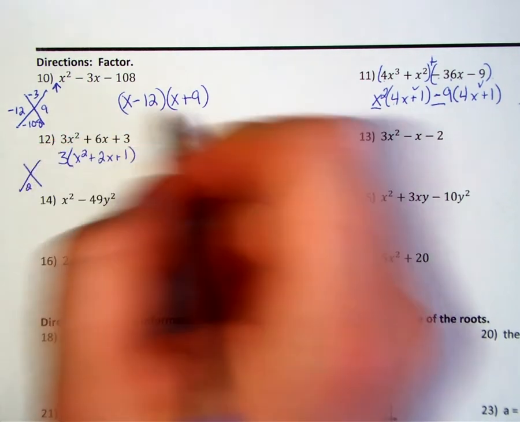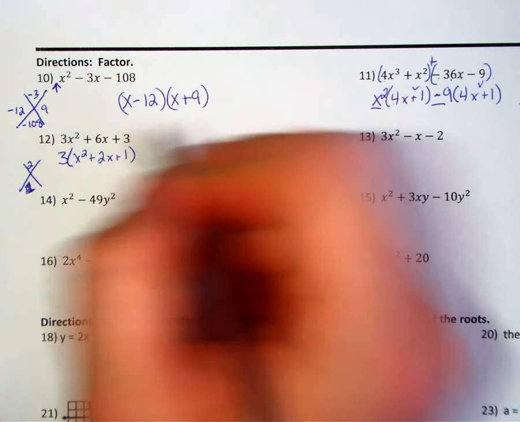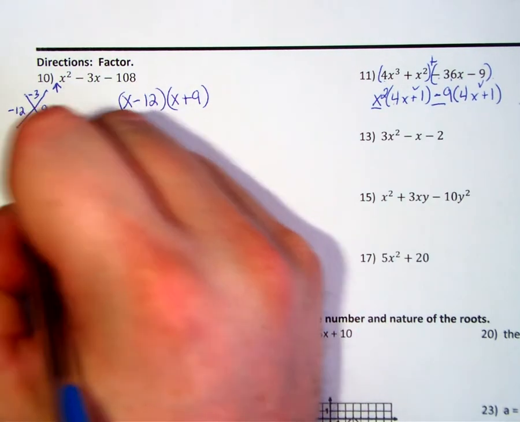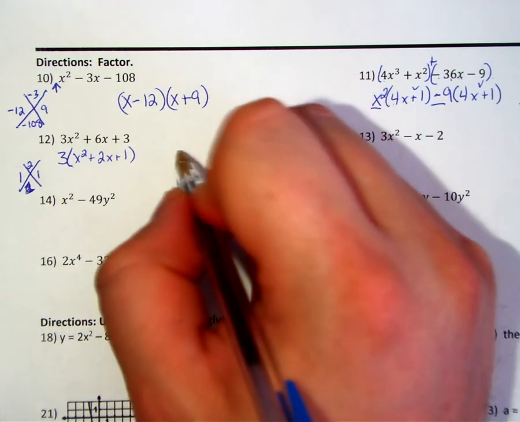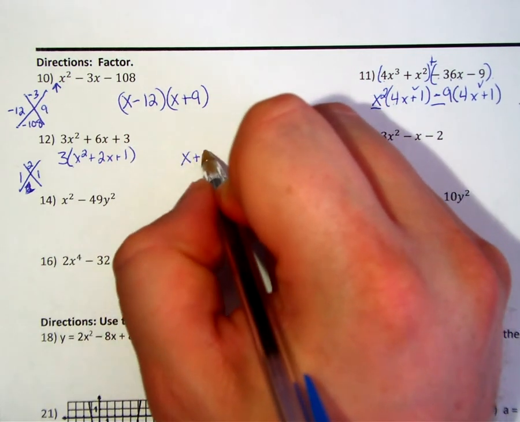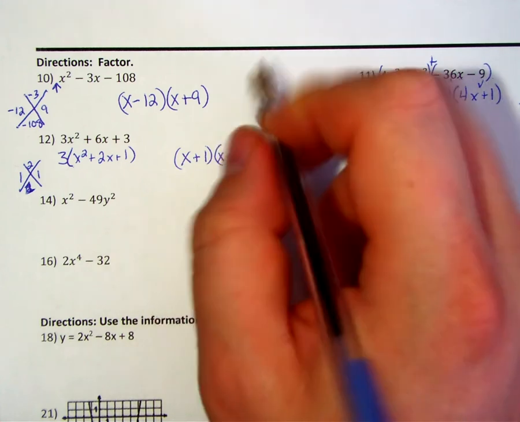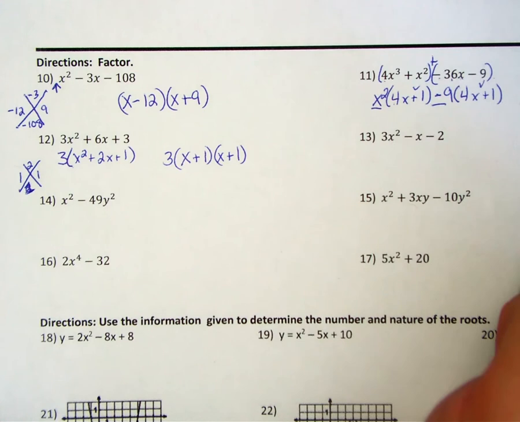We want a 2 in the numerator. We want a 1 down in the denominator, 2 numbers that multiply together to give me 1, add together to give me 2. That's going to be a 1 and a 1. So we will end up with solutions for our trinomial that are x plus 1, x plus 1. Remember that 3 was one of our factors as well, so that comes over here.